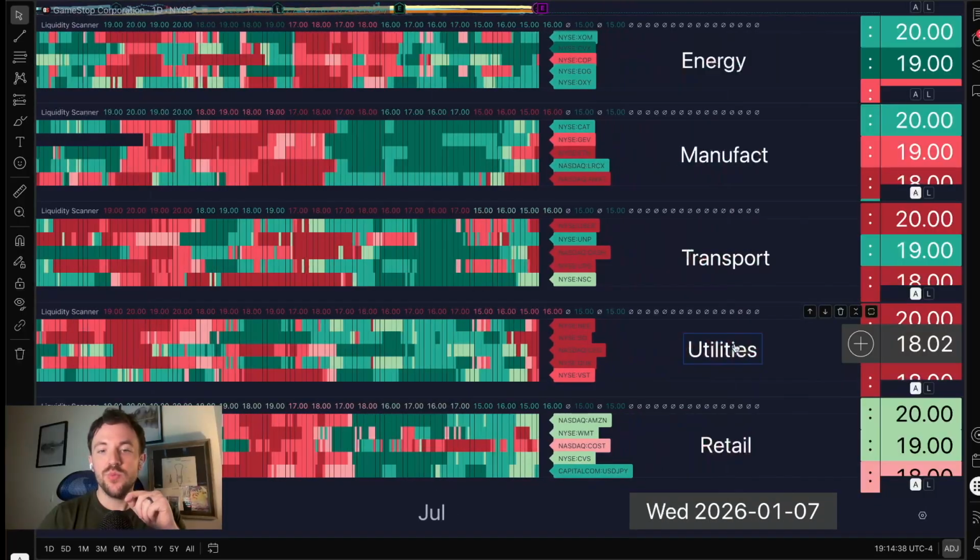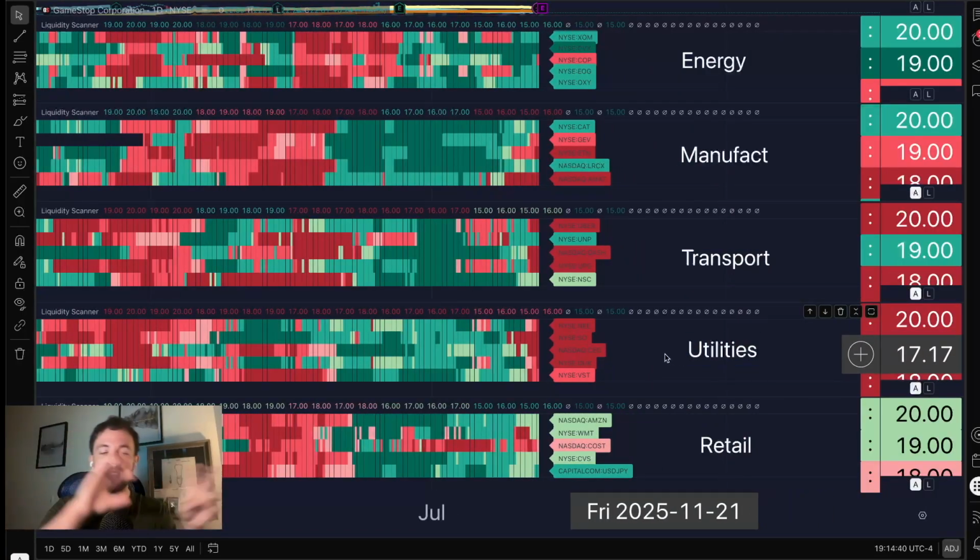So with this makeup, with this way of utilizing the liquidity scanner, you are able to create your own basket of stocks. For instance, say you think that one equity is being used to short another equity, well then you could create your own liquidity scanner and start seeing if that's the case.